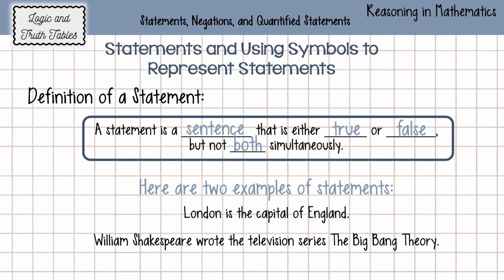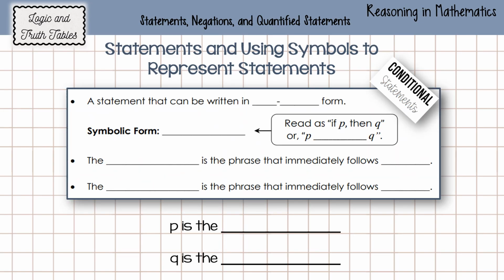William Shakespeare wrote the television series The Big Bang Theory. That is also a statement. We have not addressed the true or false nature of either of those, but I predict we're going to in the future here.